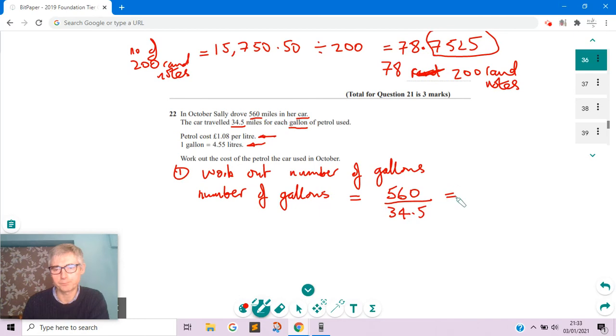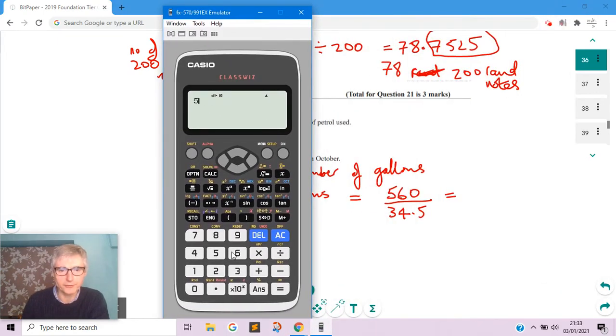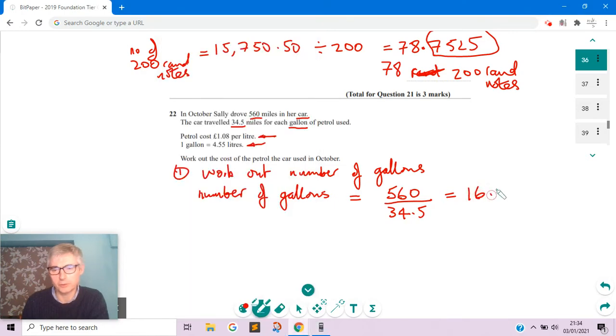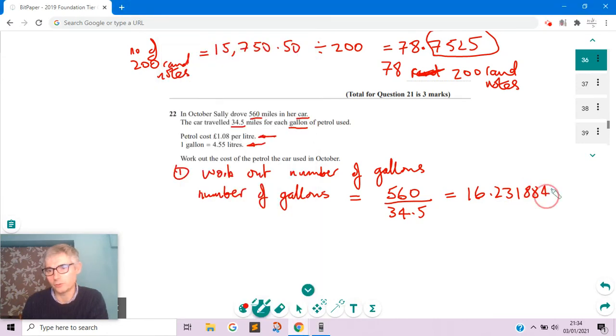So 560 divided by 34.5 gives me 16.23188406.